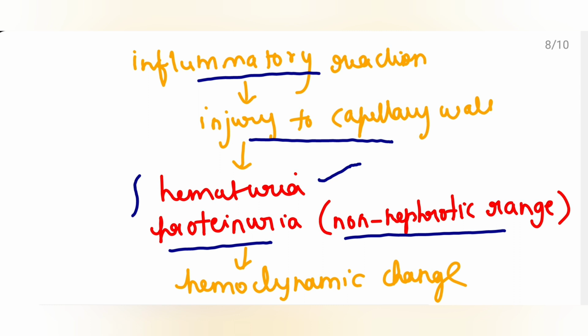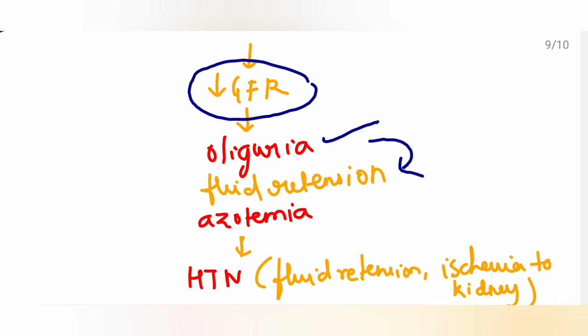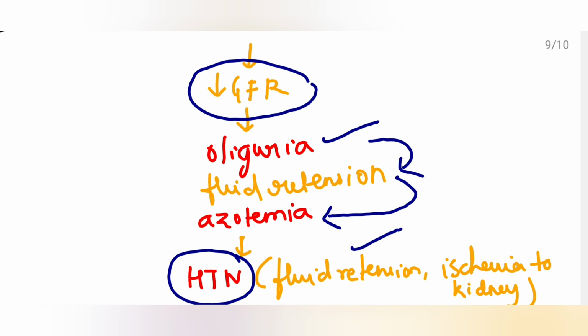As a result of hematuria and proteinuria, there is a hemodynamic change, which results in reduced GFR. When there is reduced GFR, there is oliguria. As a result of oliguria, there is fluid retention, and there is azotemia. Also, there is hypertension. This hypertension is due to fluid retention, and also due to decreased blood supply to the kidney.